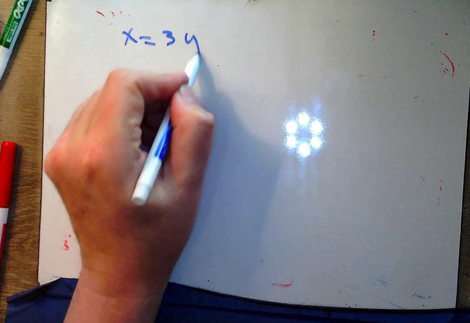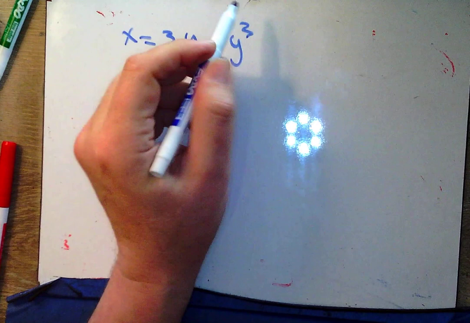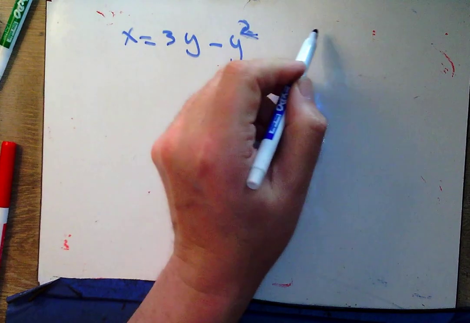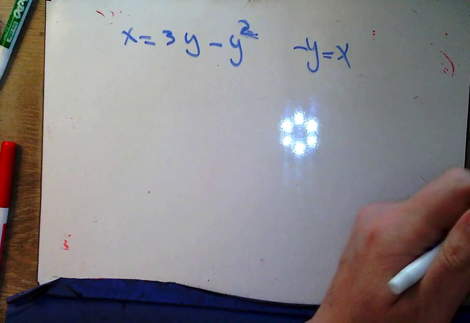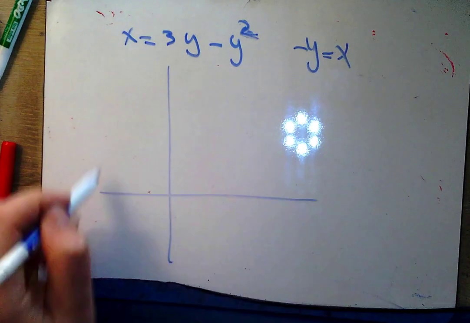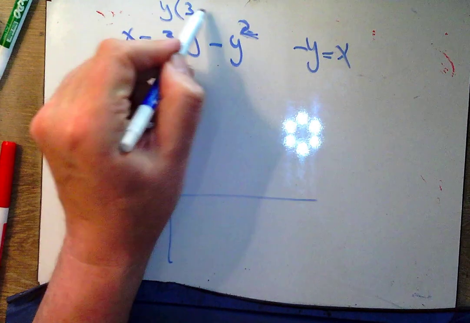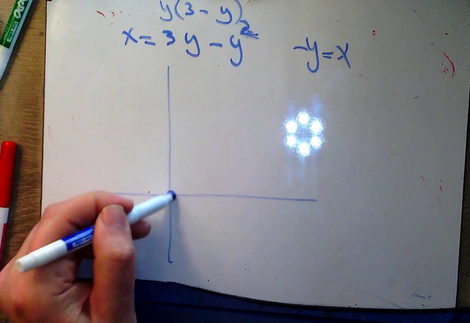The area bounded by x equals 3y minus y squared, and the line negative y equals x. Okay, so let's graph these. This factors as y times 3 minus y.